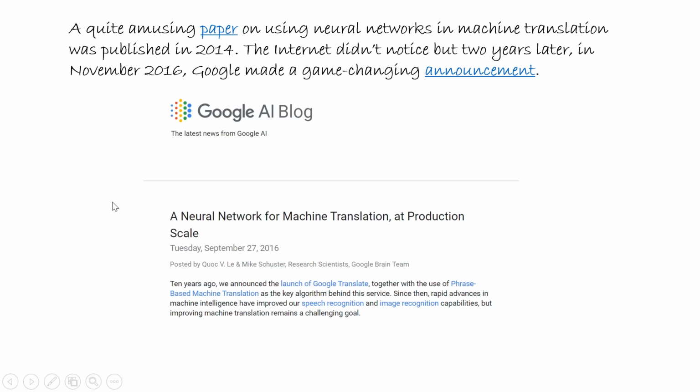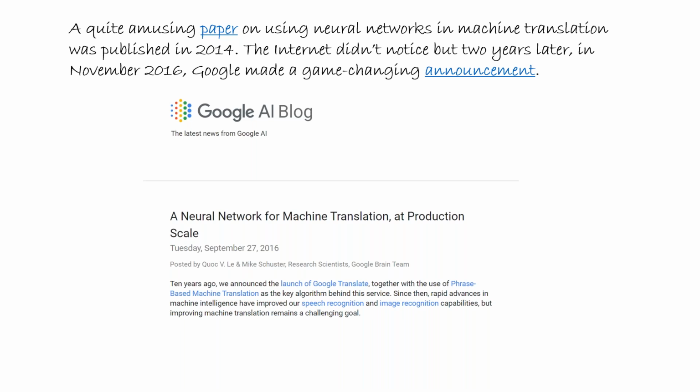A quite amusing paper on using neural networks in machine translation was published in 2014, and the internet didn't notice, but 2 years later, in November 2016, Google made a game-changing announcement. This happens a lot in the deep learning area: we tend to give less importance to papers that came out 2 or 3 years back, and they don't get any popularity.